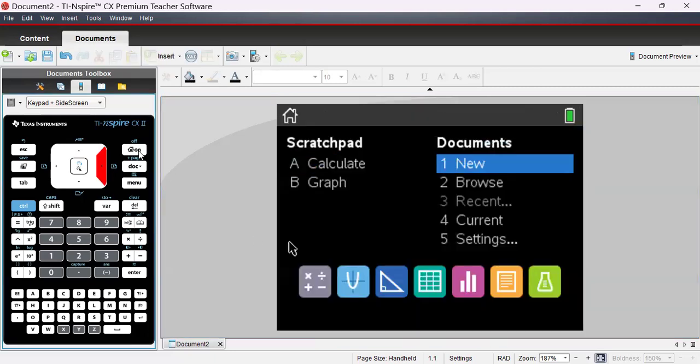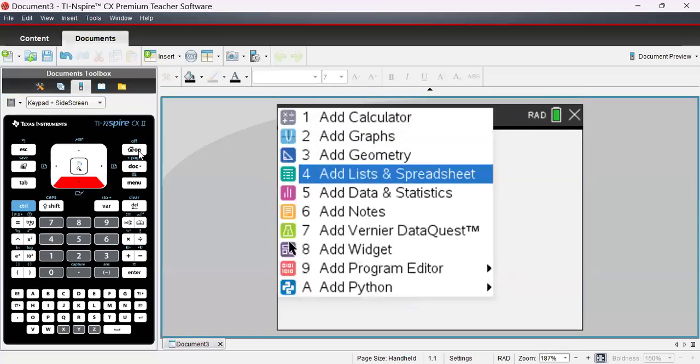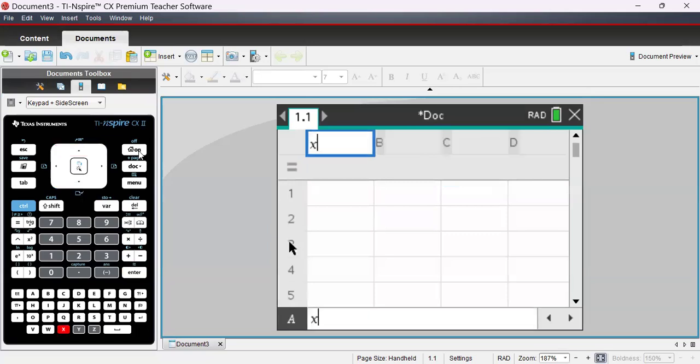The next one was a quartic, and I am just going to start over. Same process we've been doing.